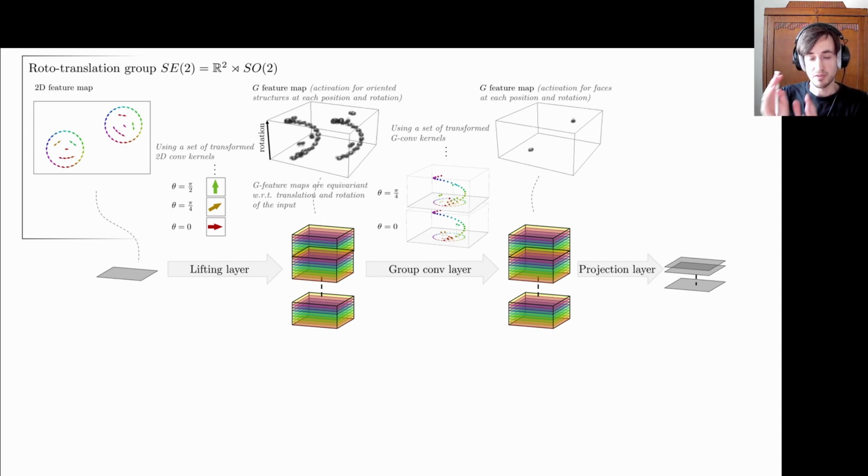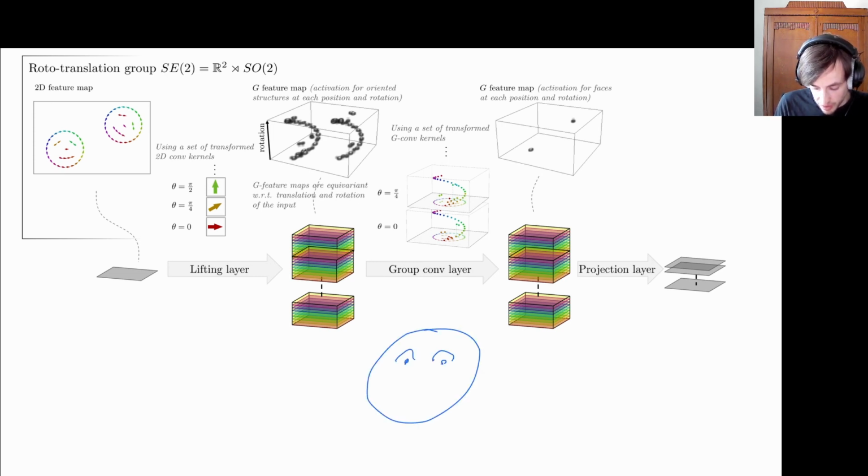If we want to detect a face, I would like to see a nose in a particular orientation, and then the eyes and the mouth all at some relative orientation to it. And in that sense, it also solves the Picasso problem, right? If I see a face and some eyes, a nose, and a mouth, I would like not only to see an eye at the right location, but also at the right orientation, right?